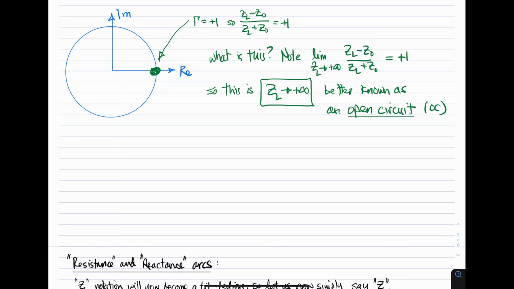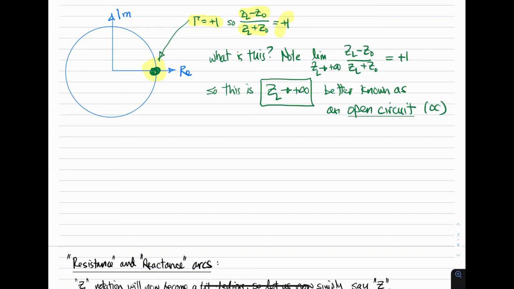The third position you should know about is this position right here on the right side of the unit circle. This is where the reflection coefficient equals plus 1 plus j0. So z sub l minus z sub naught over z sub l plus z sub naught equals plus 1. What load impedance does that correspond to?